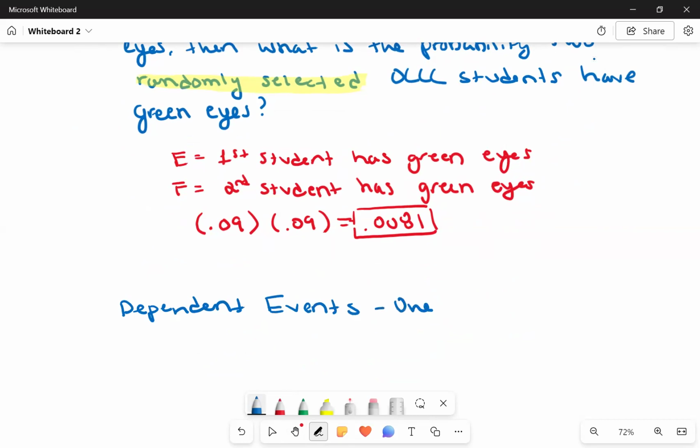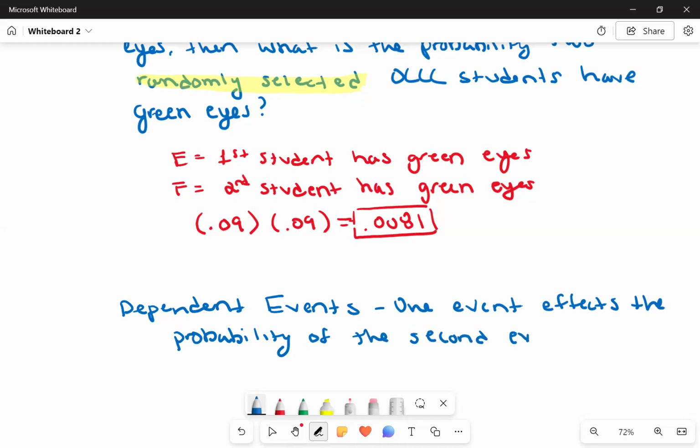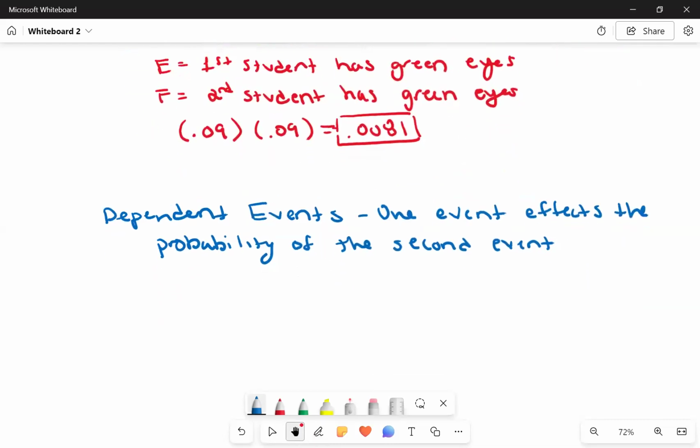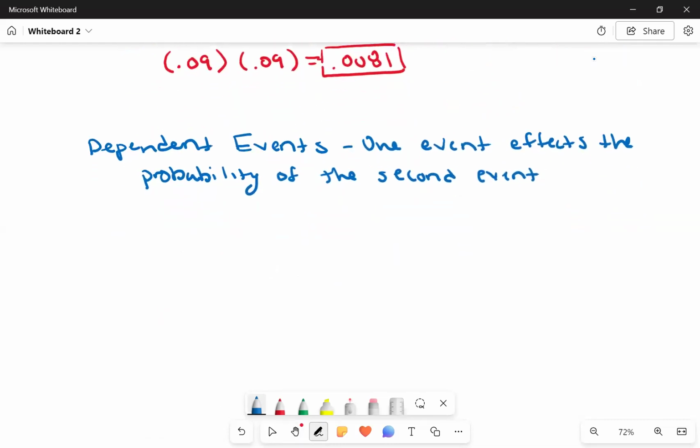So one event affects the probability of the second event, or other event. Okay, so what's kind of fun about this one is to refer to a deck of cards.